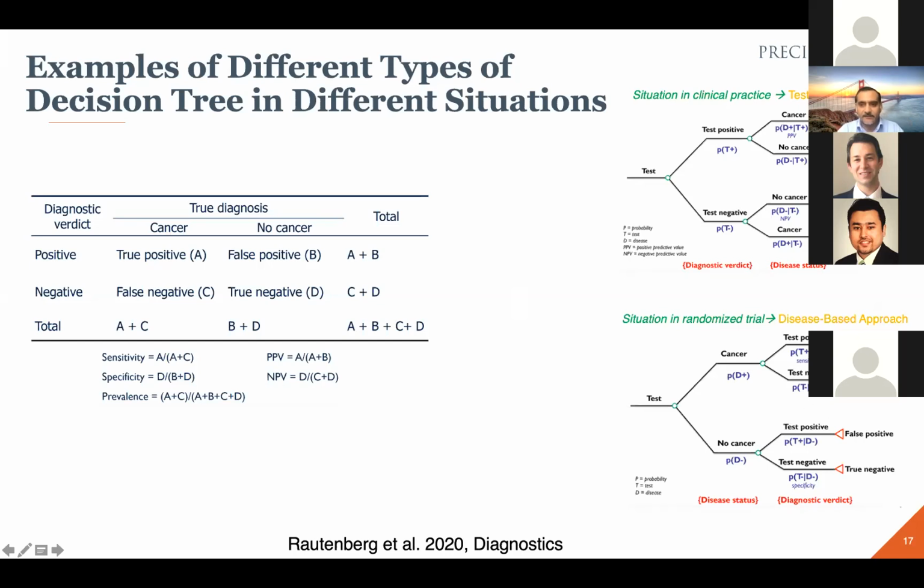So in a randomized trial, the tree at the bottom will be helpful, whereas in clinical practice, this type of tree, called the test-based approach, will be better. So again, order is important, and it depends on the application in which we are using the decision tree.